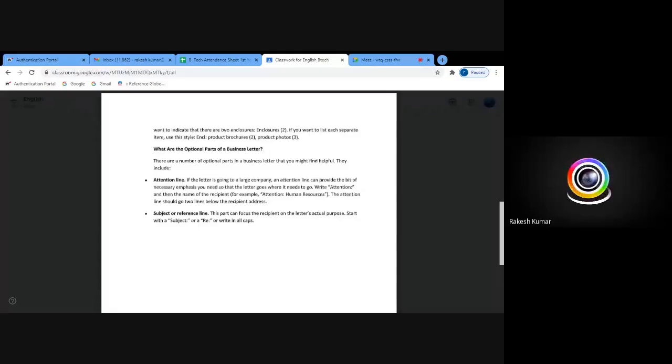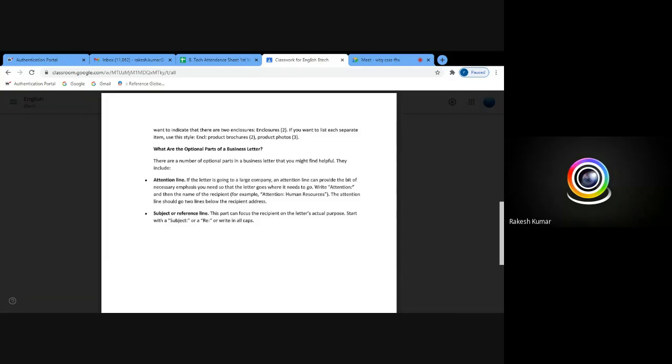These are parts of a formal business letter, but postscripting, as I've said, is optional. It's not that in every letter you're supposed to write a postscript. If you forgot something and you feel like you should write it down, then you can use the tool of PS, postscript, and add the information there.